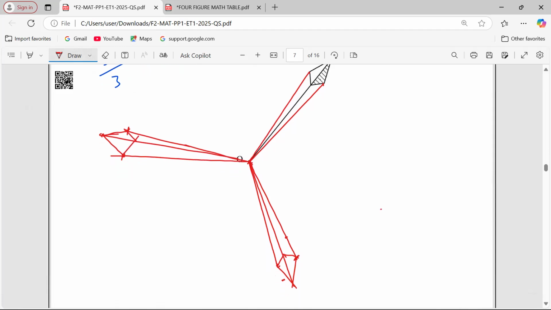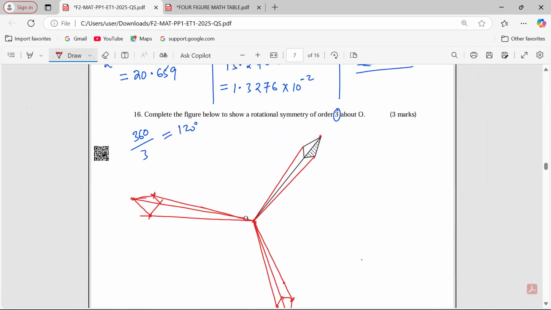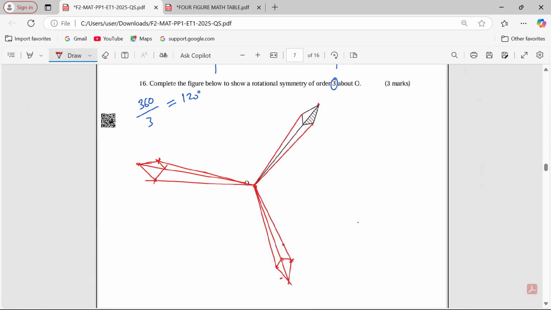So now we have rotated through a rotational symmetry of order 3, whereby you divide 360 by 3. In case you had been told order 4, you would have divided 360 by 4. Order 5, 360 by 5, that way.